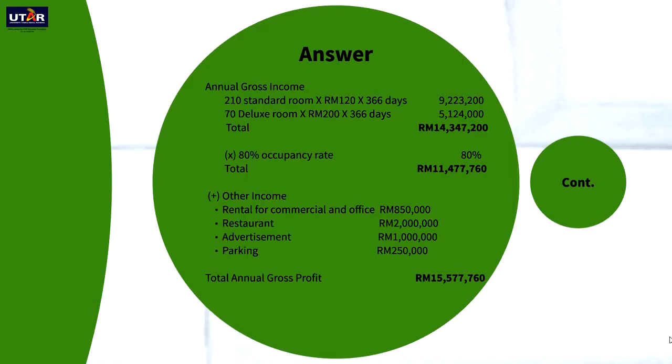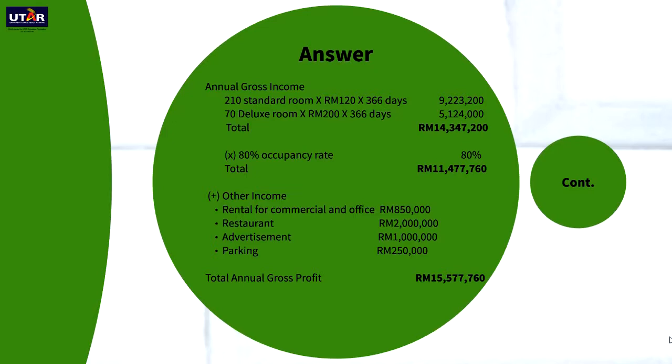And the second is 70 deluxe rooms times 200 times 366 days, you will get 5,124,000. The total of the main income is 14,347,200, times the occupancy rate, which is 80%. The total that we get is 11,477,760.